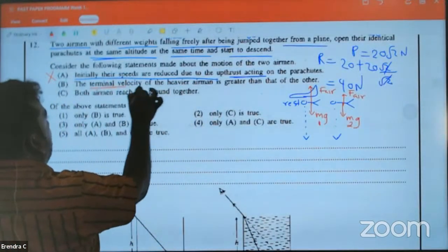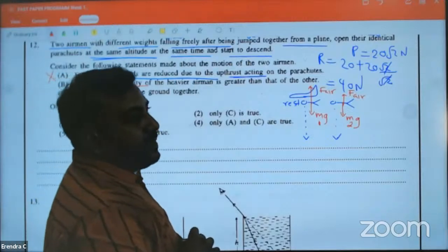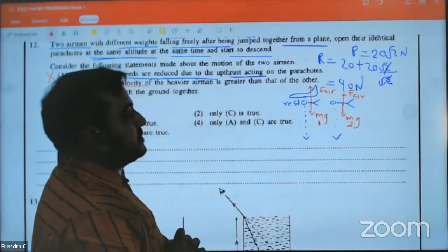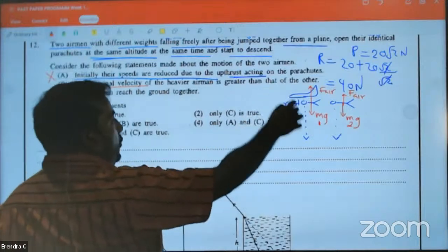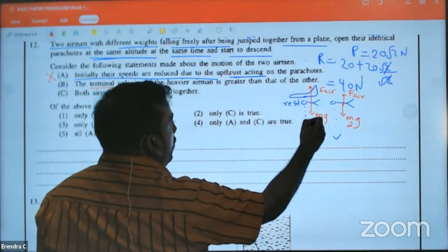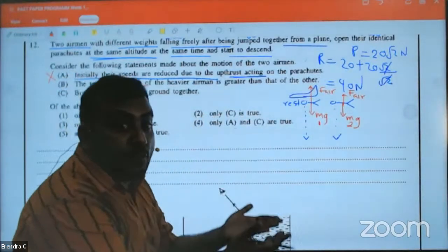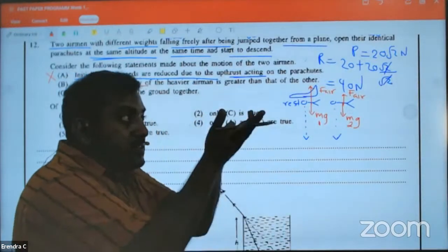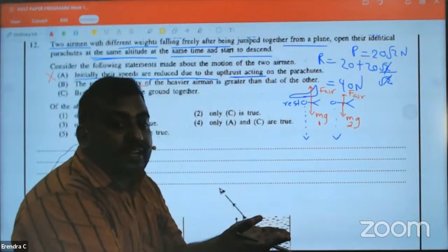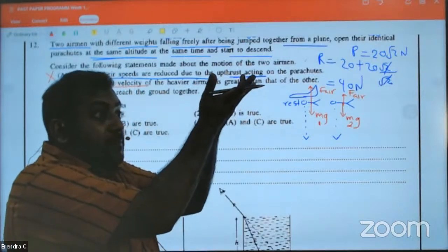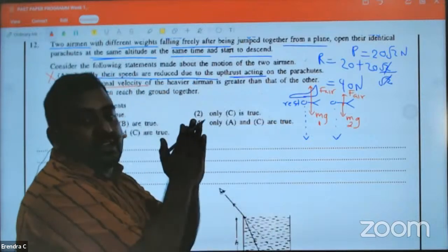The terminal velocity: terminal means upward forces balance downward forces. Larger downward force means larger resistance is needed, so it will fall longer. Smaller force means it will get there sooner. Larger means it must fall some more to reach terminal.